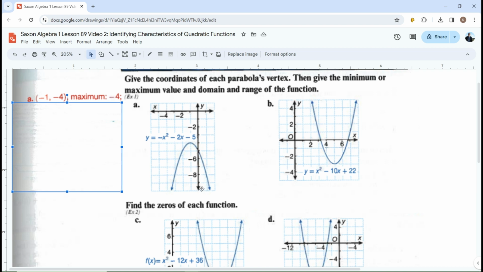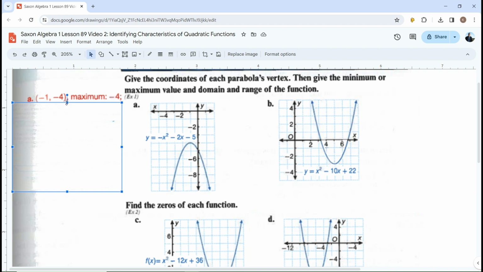However, the range is going to be limited by the minimum or maximum. So the range of this parabola is from negative infinity, it can go all the way to negative infinity if it wants, is less than y, which is also less than the maximum. The maximum value is -4.